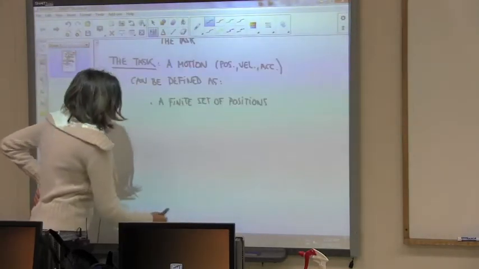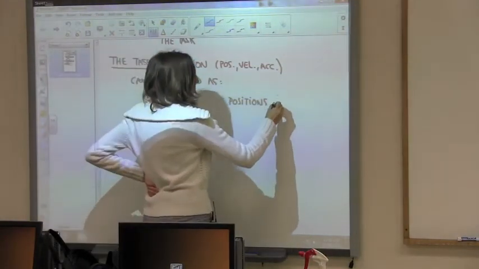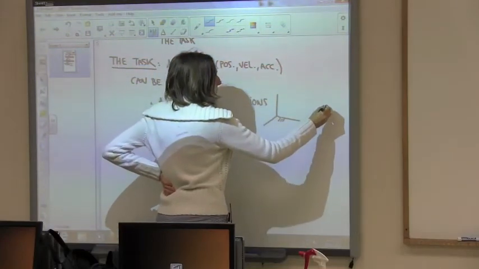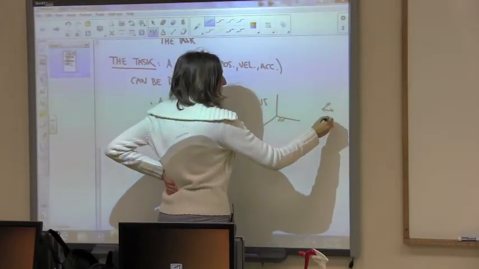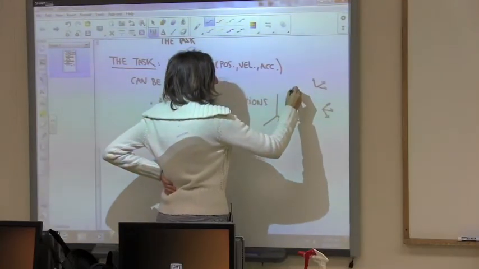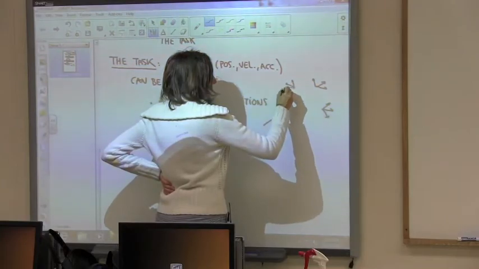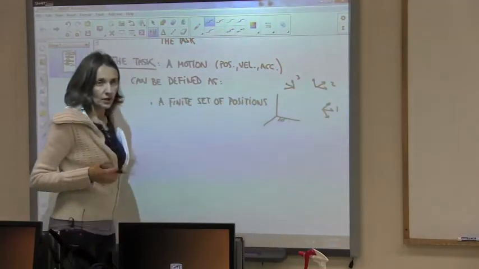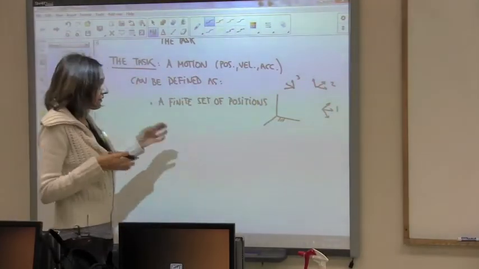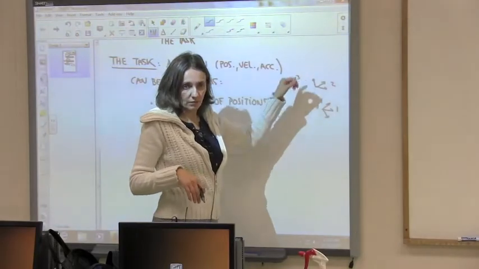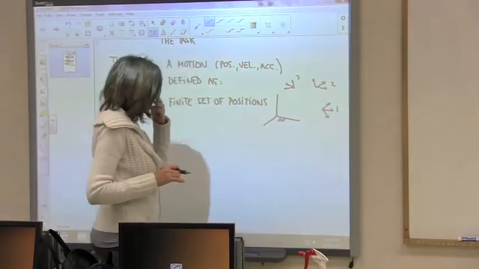A finite set of positions, which will be something like this. Here is our fixed frame. I'm going to define a moving frame that has to go from here, passing through here, up to there. So position 1, position 2, position 3. And I want some kind of articulated system able to do this. Whatever it does in the middle, I don't care, when we define this.